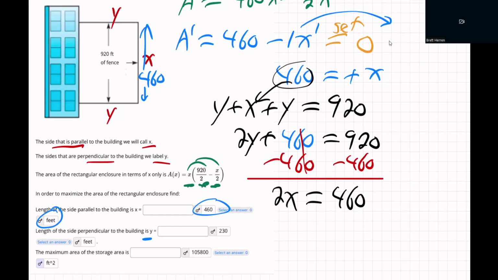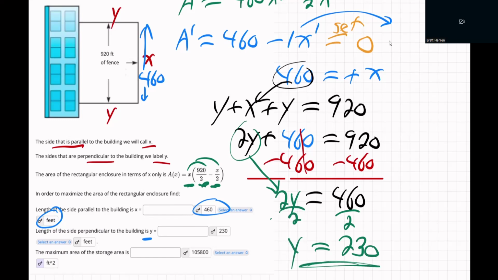Coincidentally? All right. And then divide by 2. Wait, I'm solving for y, not x. I'm getting a little confused there. Let's try that again. It's 2y divided by 2. Y is 230. Yep, y is 230. So this side must be 230 and this side 230 feet.